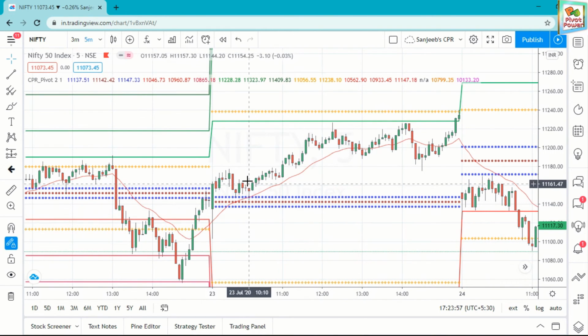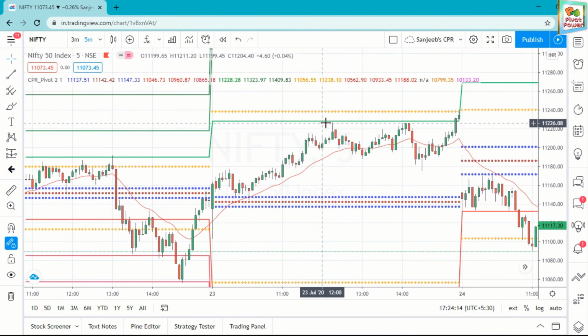Price retraces to the 20 EMA. You can enter here. Your entry should be after this candle, and the stop loss should be below the CPR. Profit at the next support level.